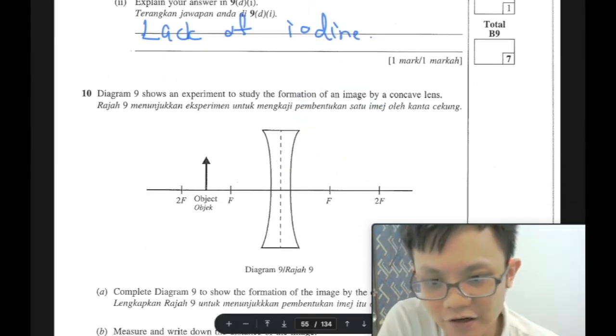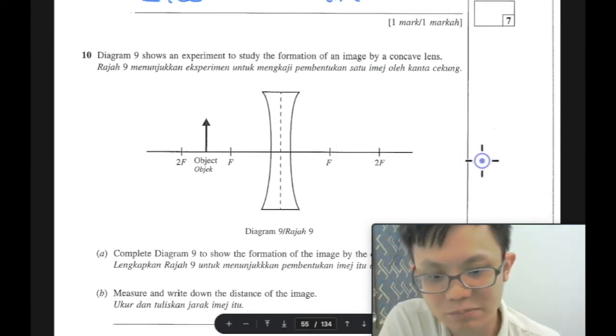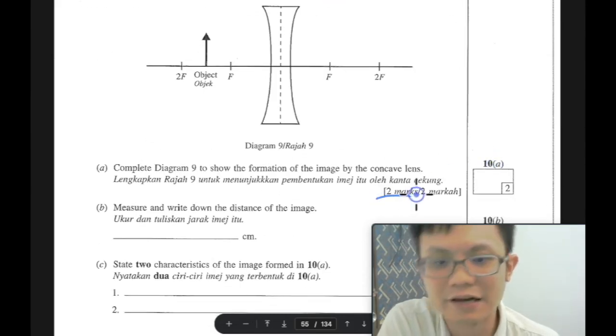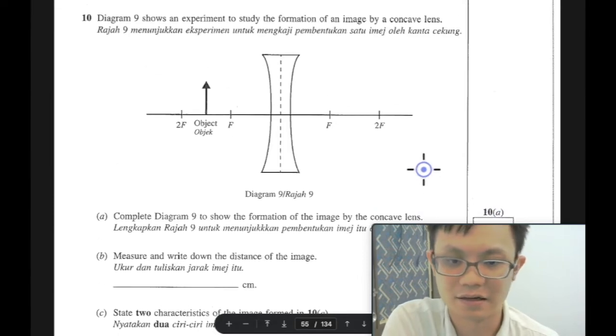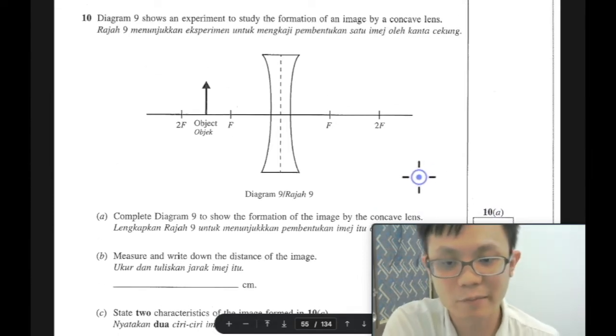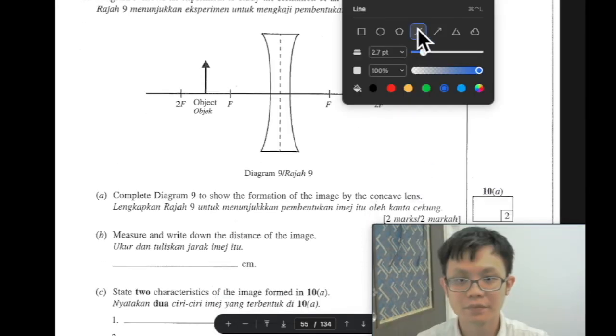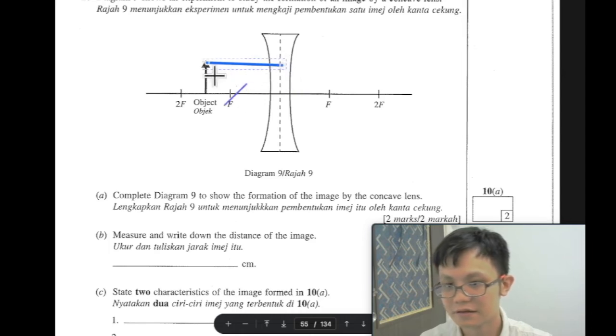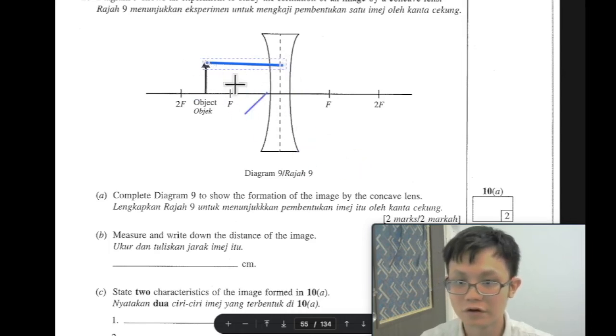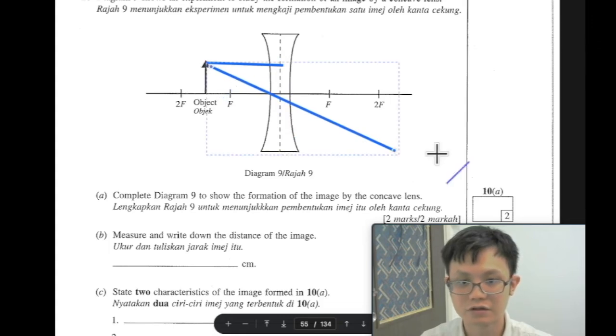Okay, this one always remember step 1, step 2, step 3, 2 marks. Sometimes students just don't get this correct. Always remember step 1, step 2, step 3, and this one is still the same. Step 1, draw a straight line here. Step 2, draw until here. So it's the same; step 1 and step 2 have no difference.